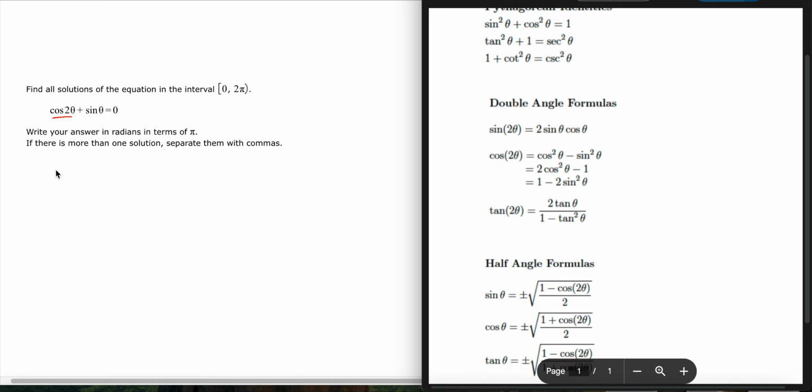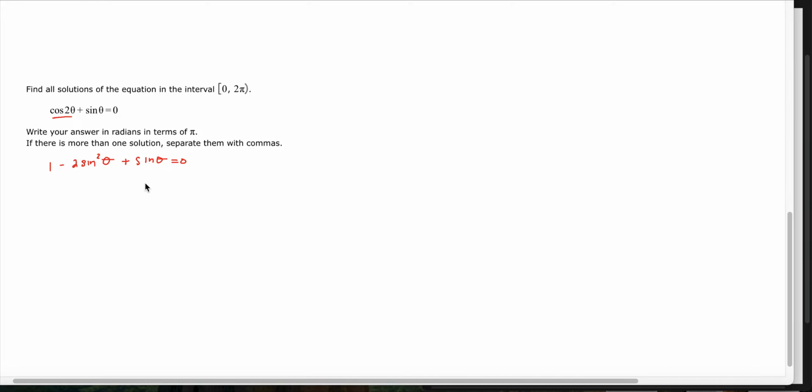So let's make that substitution. We will have, instead of cosine 2 theta, 1 minus 2 sine squared theta, and then writing the rest of the equation, plus sine theta equals 0. Okay, so looks like I will have something in quadratic form, so I'm just going to rewrite this. I like to have the squared function positive, so I'm going to rewrite everything on the other side of the equation.